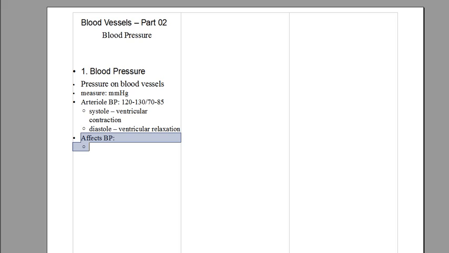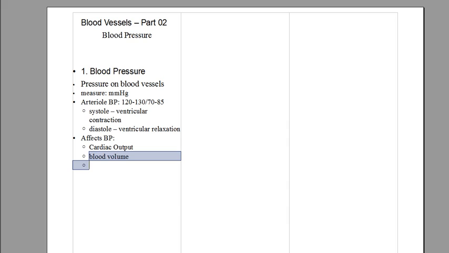Okay, some elements will have some effect on your blood pressure. What does affect your blood pressure? First, the cardiac output, the volume of blood flowing in each pump from your heart.